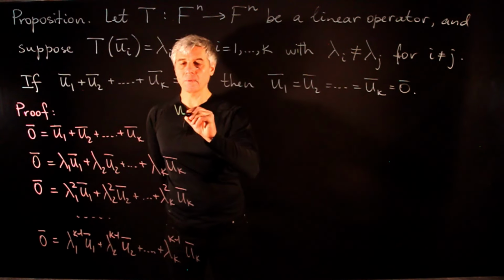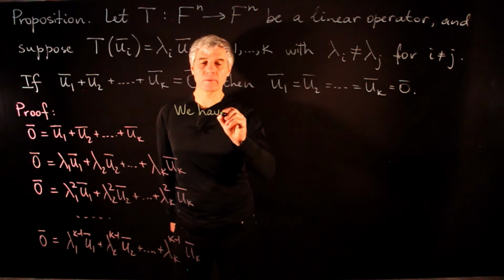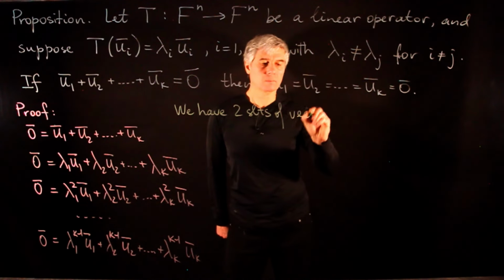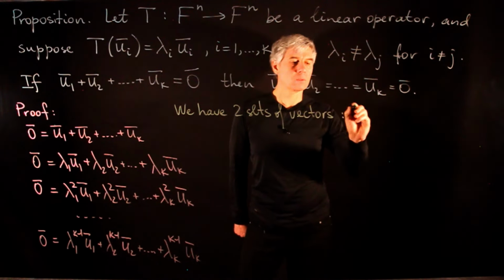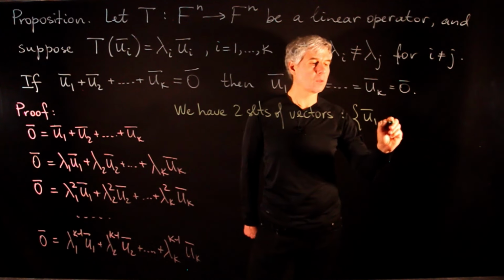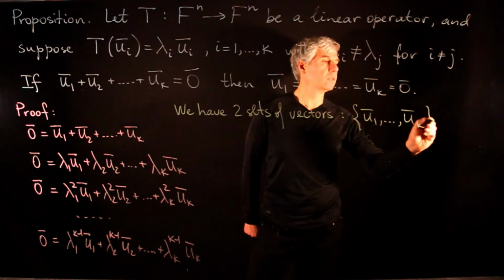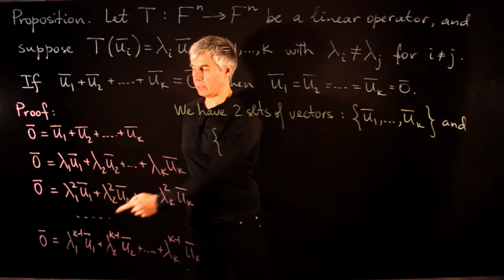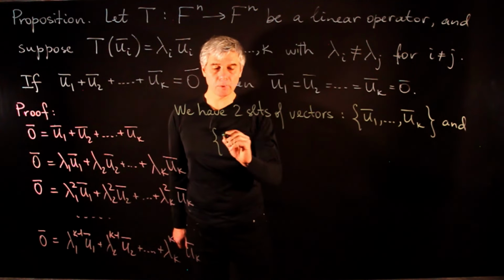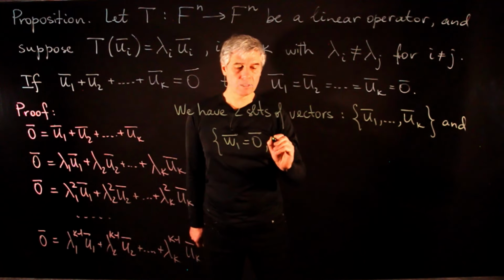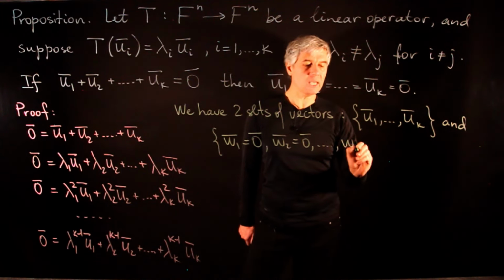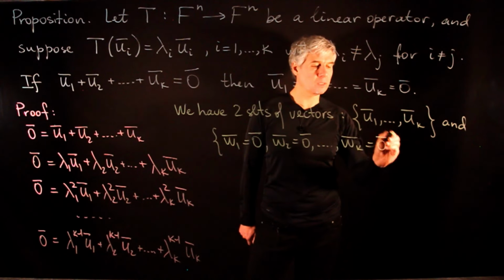Now we have two sets of vectors. So we have u1 through uk, and we also have vectors that appear in the left-hand side. So w1, which is a 0 vector, w2, which is a 0 vector, and wk is a 0 vector.